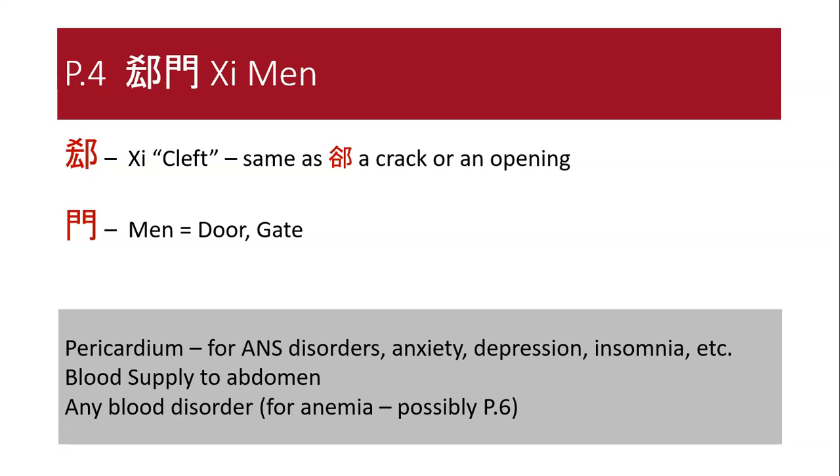So if the abdomen is cold, pericardium 4 can be a good point. And it's used for any blood disorders, for example, with anemias and things like that, often with spleen 6. But its main characteristic is for any autonomic nervous system disorders, insomnia, depression, anxiety, things like that, and blood pressure issues, in which case it will be combined with spleen 6 and spleen 9.